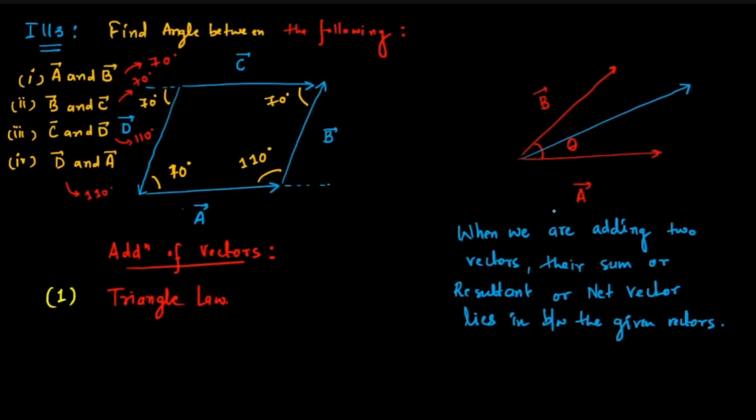So when we are adding A and B, the resultant, that is A vector plus B vector, must lie in between them. And I can write it as equal to R vector. Now let us try to redraw this particular diagram.